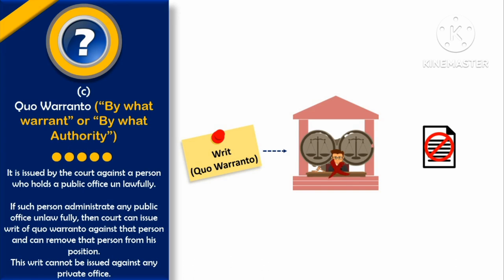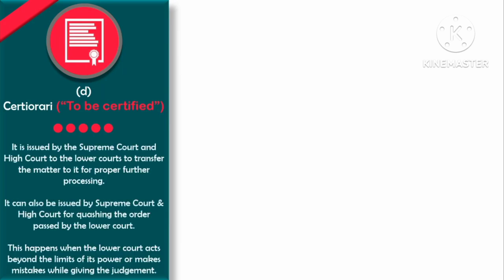Now the next writ is the writ of Certiorari, which means to be certified. A writ of Certiorari is issued by the Supreme Court or High Court to the lower courts to transfer the matter to it for proper further processing. Or it can also be issued by the Supreme Court or High Court for quashing an order already passed by the lower courts.